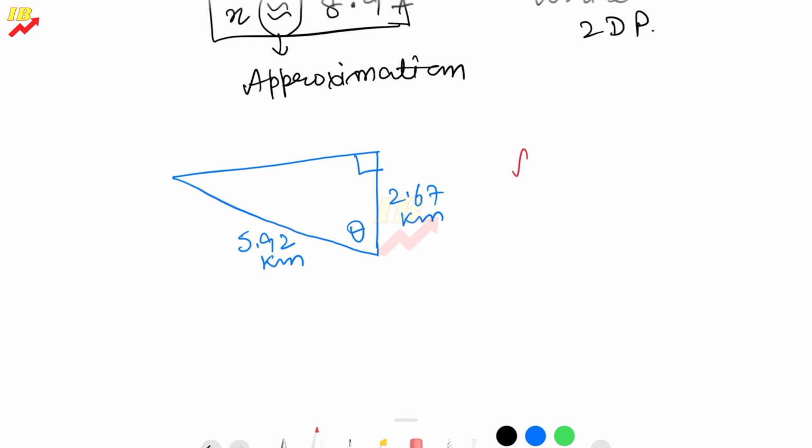Here you are supposed to find the value of theta. And I can also specify whether you should find your answer in three significant figures or decimal places. Here I'm using a different word, which is three significant figures. Let's just solve it first, then I'll tell you what three significant figures means.